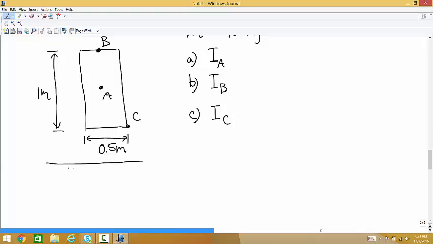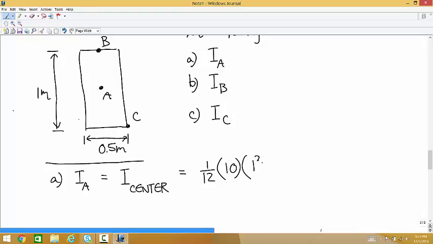Okay, so for A, that's at the center. So the mass moment of inertia about A, that is the mass moment of inertia about the center. And that's equal to 1/12 times 10 times the quantity 1 squared plus 0.5 squared. So let's see. 10 times 1.25 divided by 12.